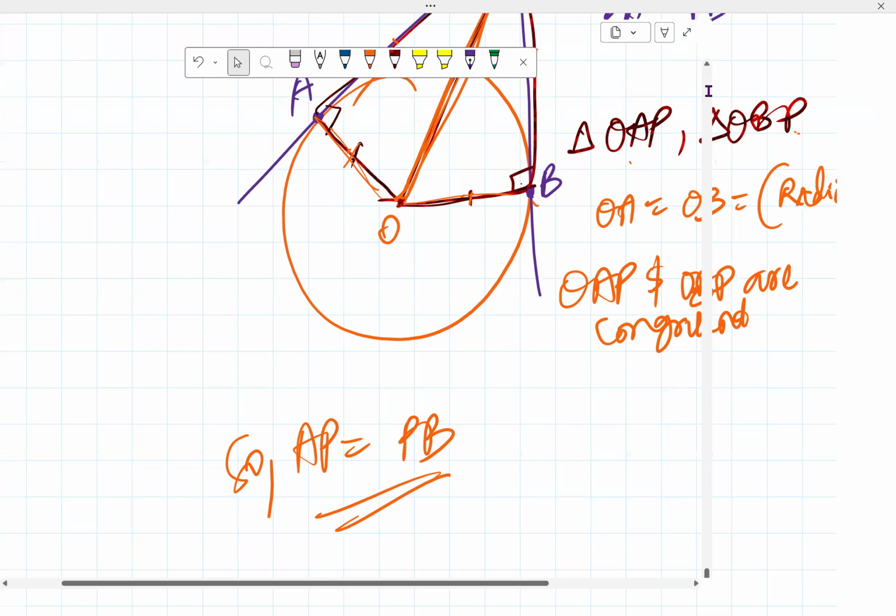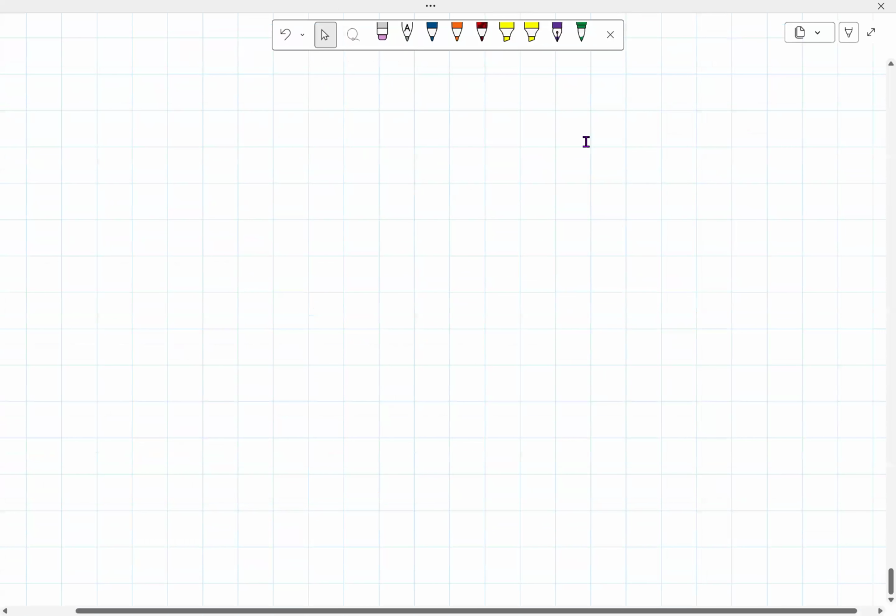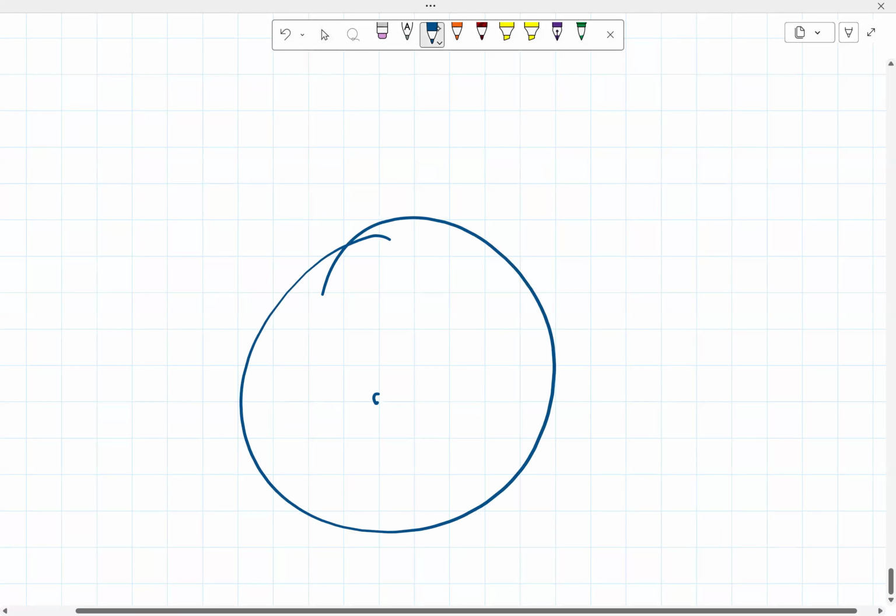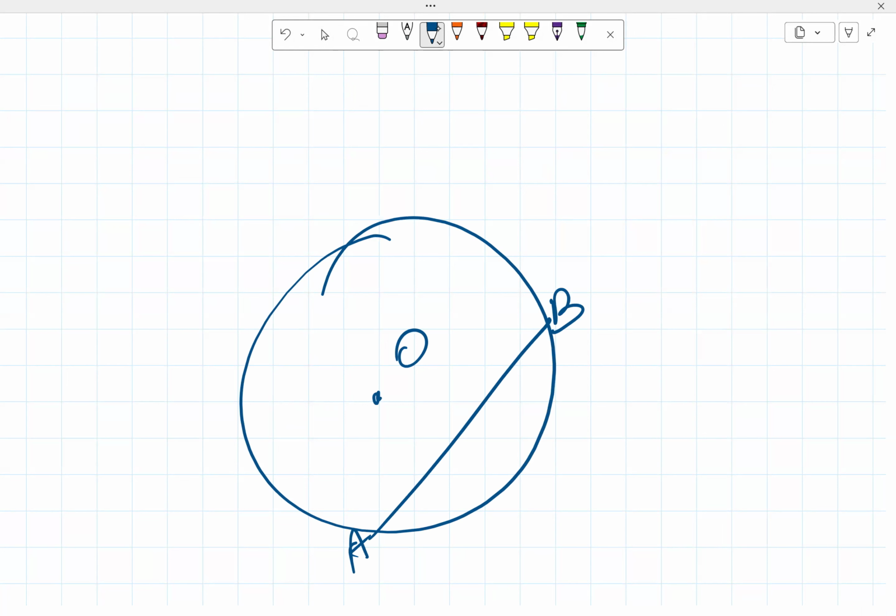Sometimes you may not really understand what's happening in the picture until you try to draw things. So you have a circle, center O, and then let's say you have a chord AB. The theorem says the angle between a tangent and a chord through the point of contact equals the angle in the opposite segment.